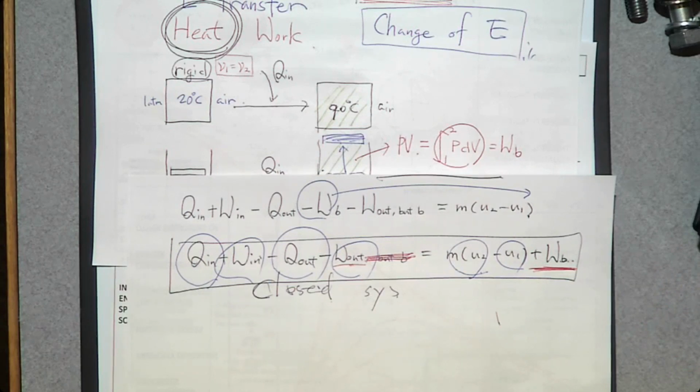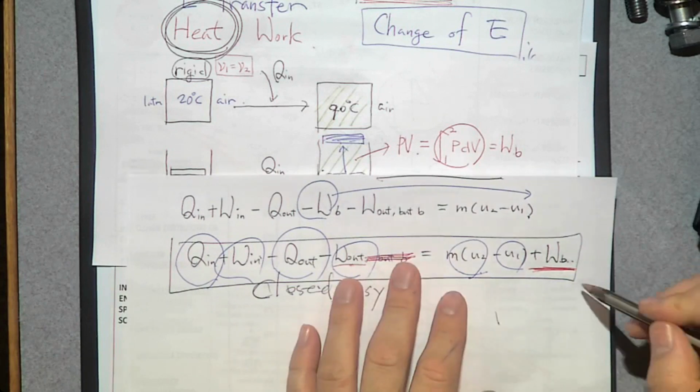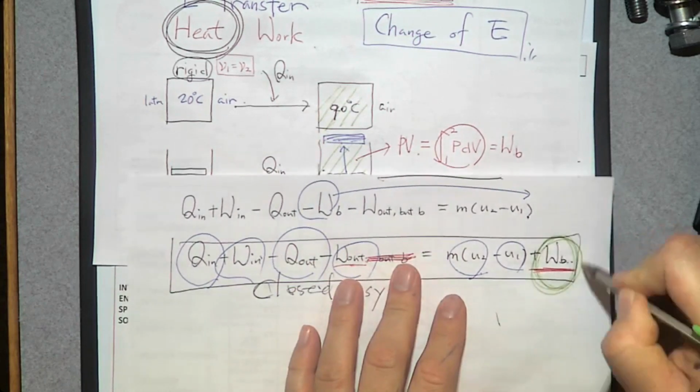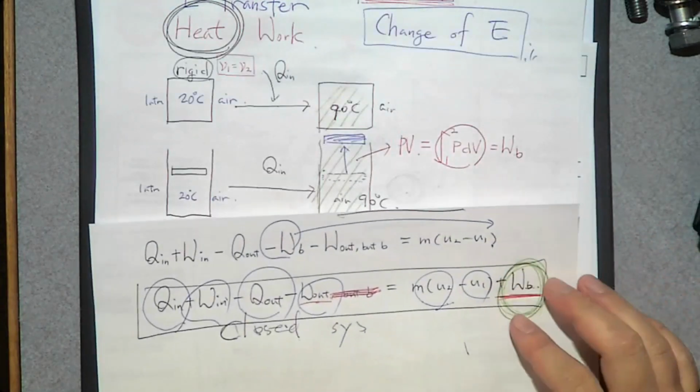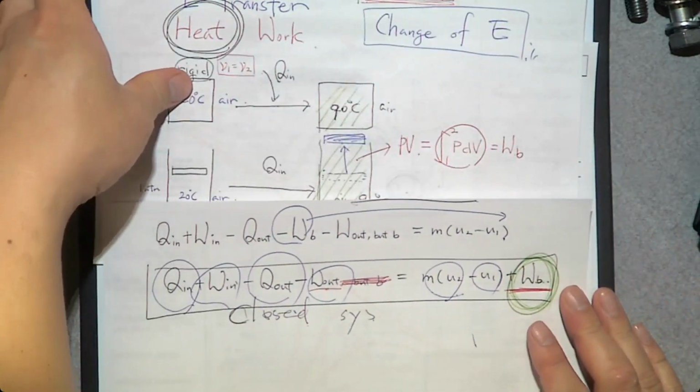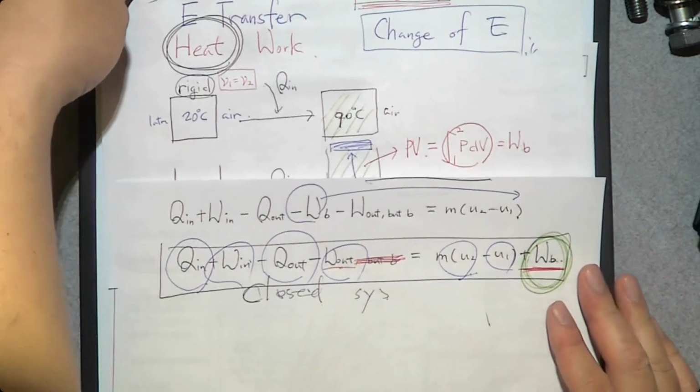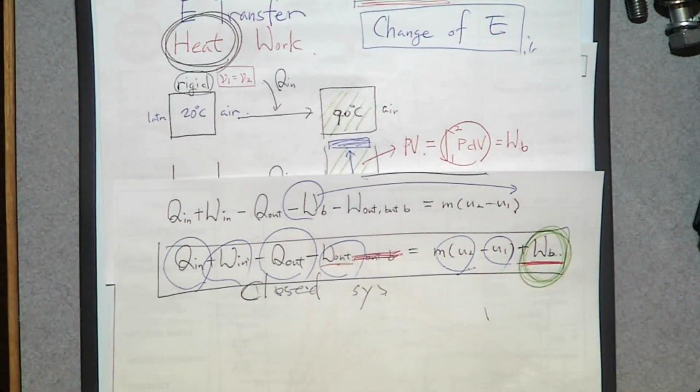So let's find how to evaluate this WB. Is there any equation that we studied on how to evaluate this WB? Yes, there is. This is the equation: WB equals integral of P dV from the initial state to the final state.